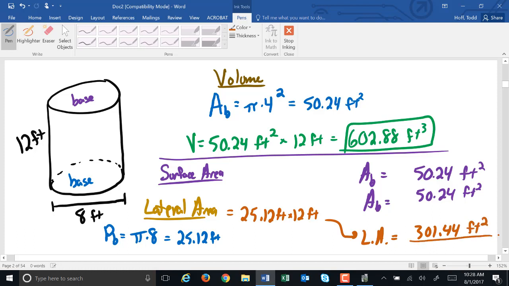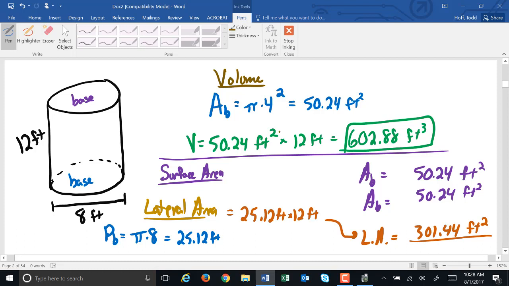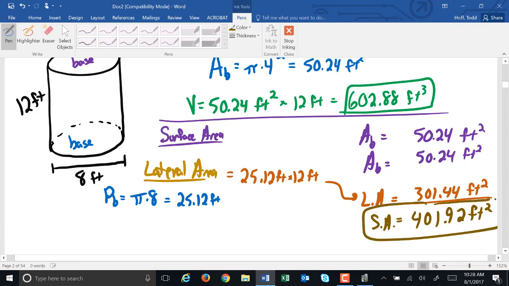Is that correct? So we can get a surface area of 401.92 square feet. Questions?